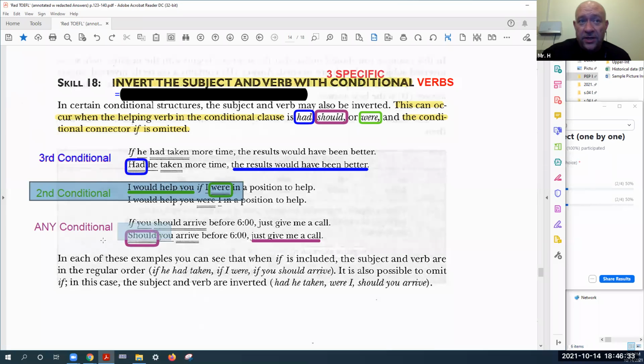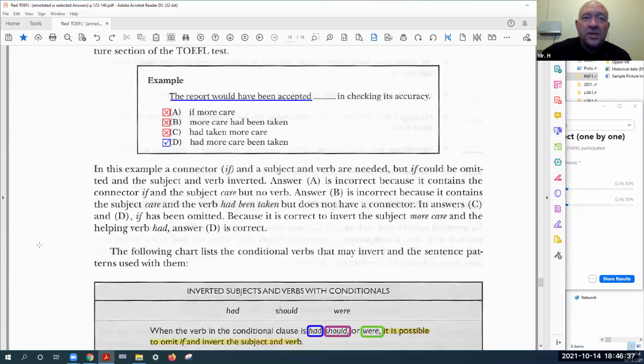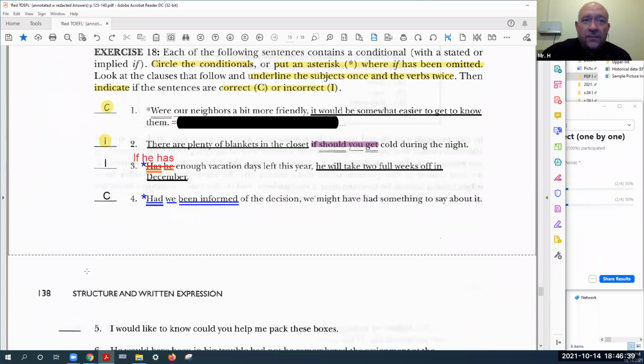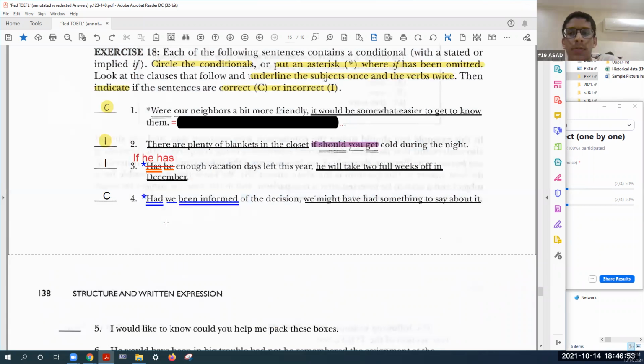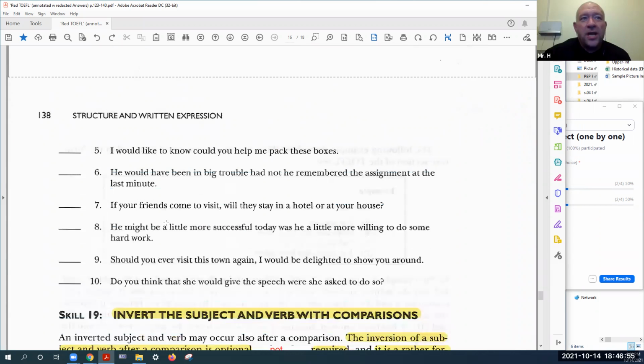And in others, should. All right. So in this example down here, it's blue. The third. So this is the third conditional. And where is the main clause? We might have had something. Exactly. All right, let's try number 5, guys.